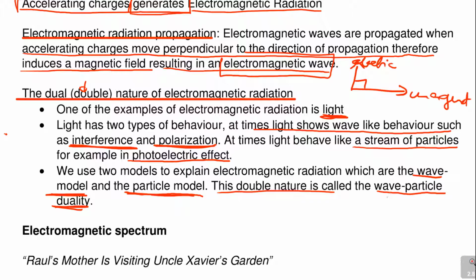Whenever you start reading about electromagnetic radiation, you will be introduced to this term, wave-particle duality, meaning it behaves like a wave at one time, showing wave-like behavior such as interference, and it behaves like particles, such as in the photoelectric effect.